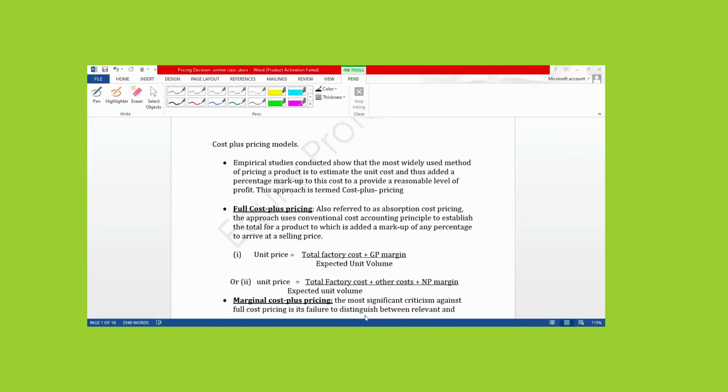Product pricing is influenced by several factors. There are several factors that determine a company's selling price.